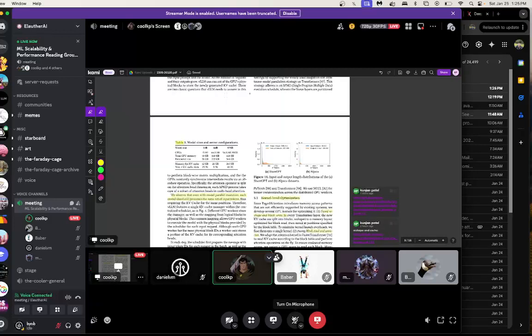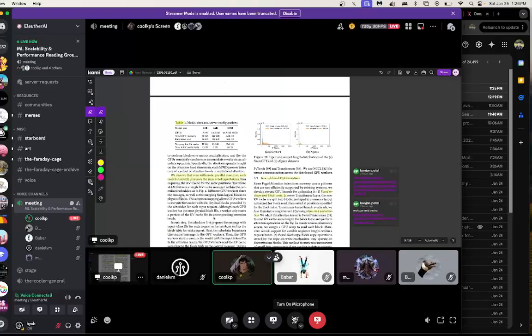Therefore, vLLM features a single KV cache manager within the centralized scheduler. Different GPU workers share the manager as well as the mapping from logical blocks to physical blocks. This common mapping allows GPU workers to execute the model with the physical blocks provided by the scheduler for each input request. Although each GPU worker has the same physical block IDs, a worker only stores a portion of the KV cache for its corresponding attention heads, which is the parallelism.